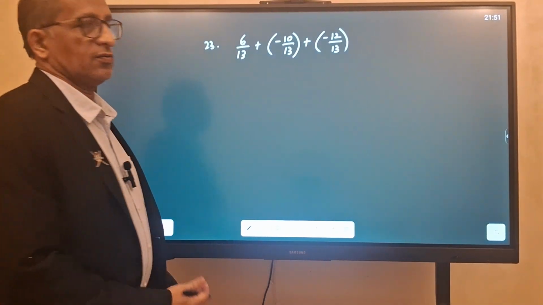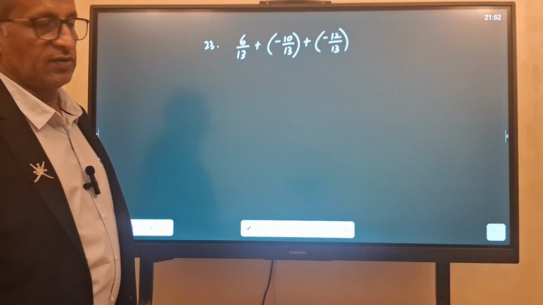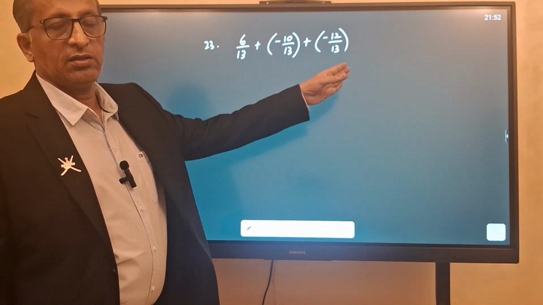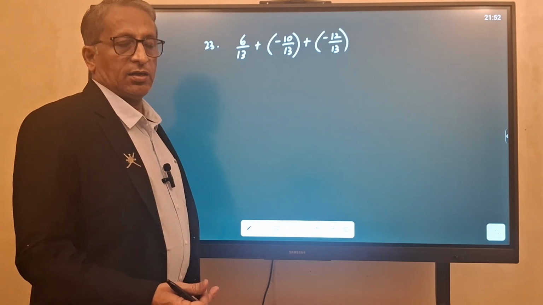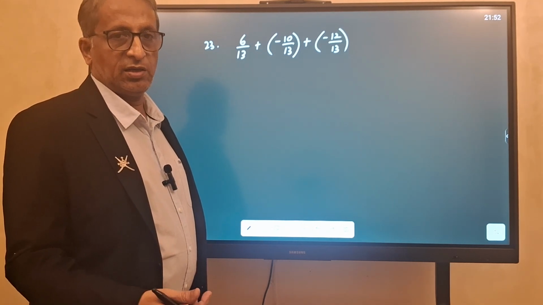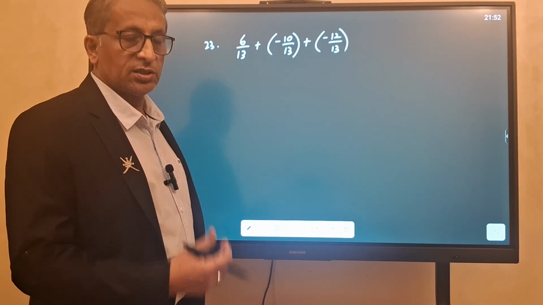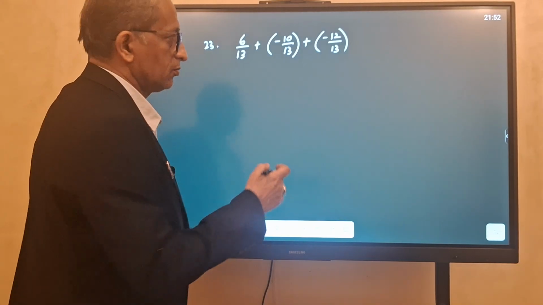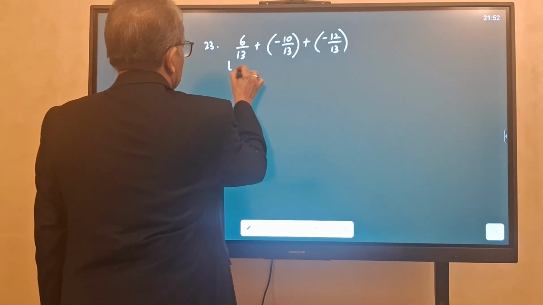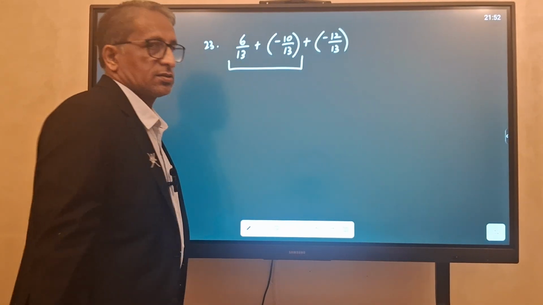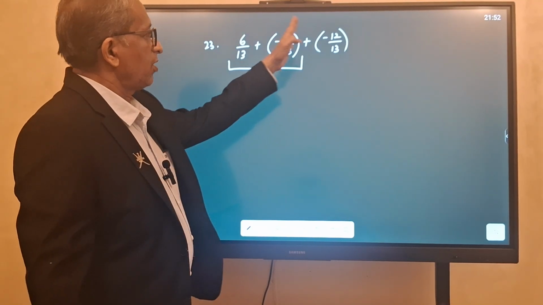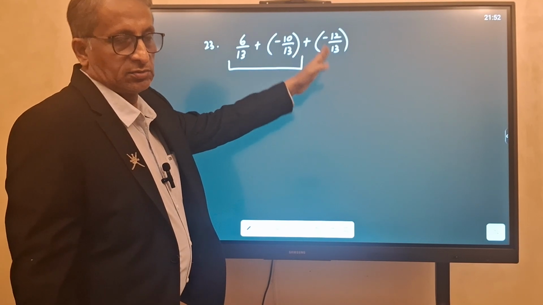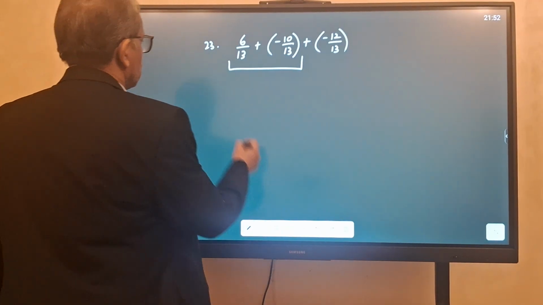That means we are given three fractions and we are adding three fractions. We cannot add or multiply or subtract three numbers at a time. So what we do here is, we take the first two numbers, add them, and the result you add with the third one. That is how we do this.